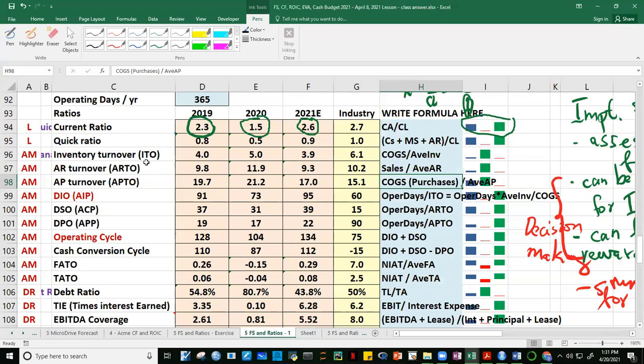Okay, notice, guys, whatever is being turned over is in the denominator. Inventory turnover divided by average inventory. Accounts receivable turnover divided by average AR. Accounts payable turnover divided by average accounts payable. Okay? Clear, guys? Clear so far with these measures?